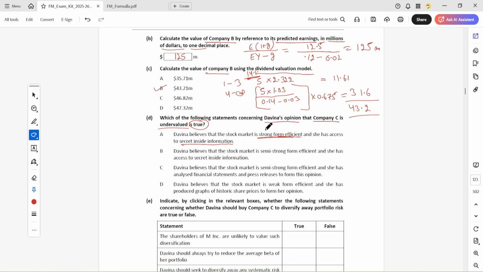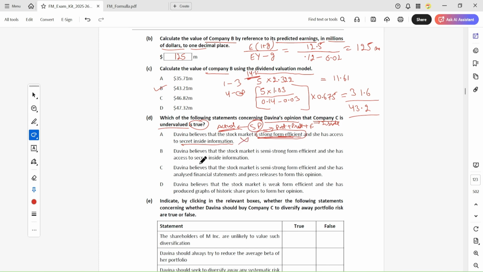No, because in strong form efficient, the share price reflects past information plus present plus any future, which is inside information. Share price reflects all information and is at its actual price. So it cannot be undervalued.